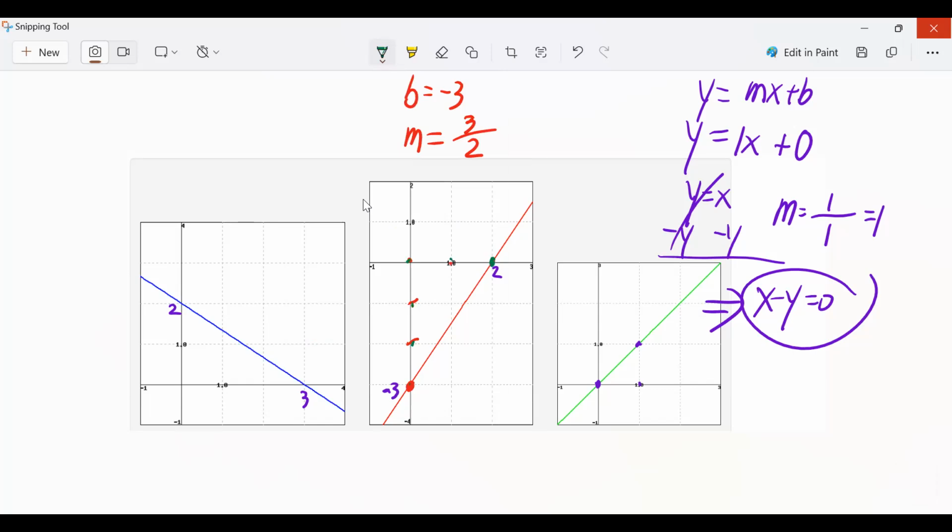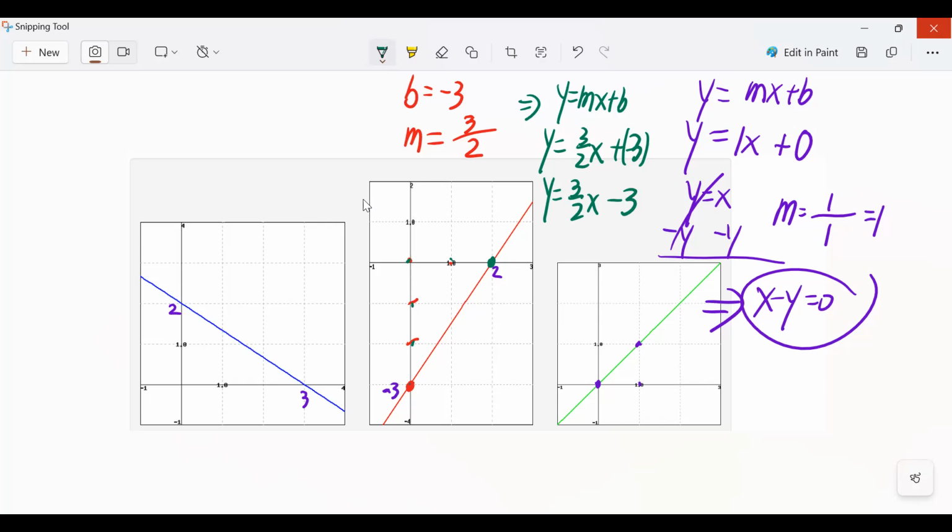Go to the right 2 units to get the second point. So now we have the equation y equals mx plus b, y equals 3 over 2 x plus -3. So y equals 3/2 x minus 3.